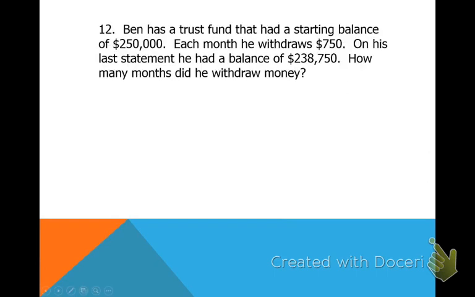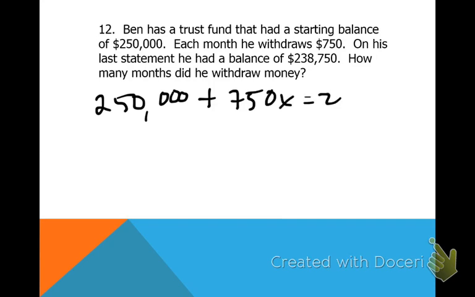Last guy here, and then we'll talk about algebraic proofs. Try this. 250,000, is that what you mean? 250,000 plus 750x equals 238,000.